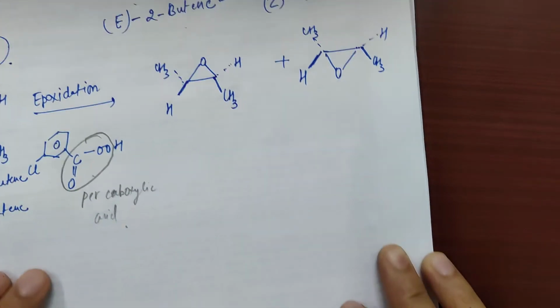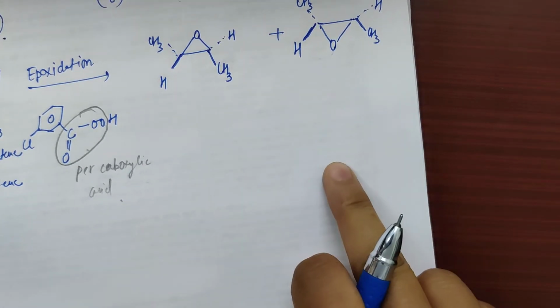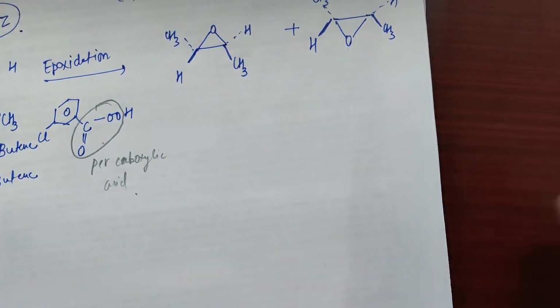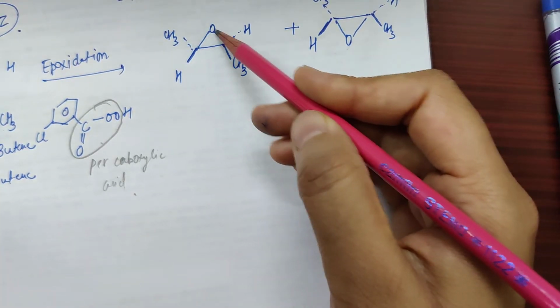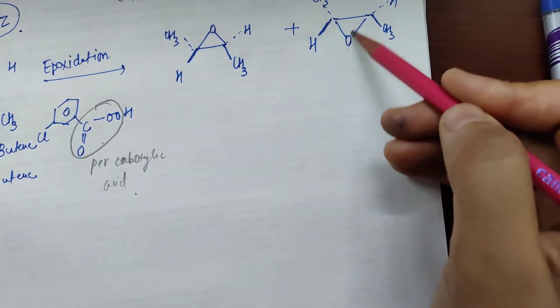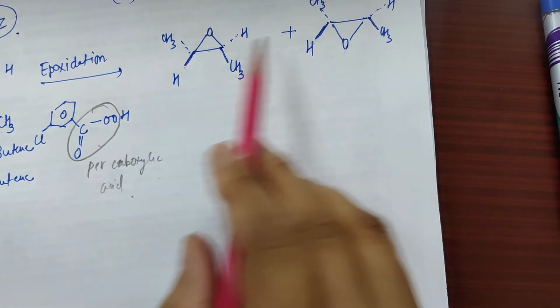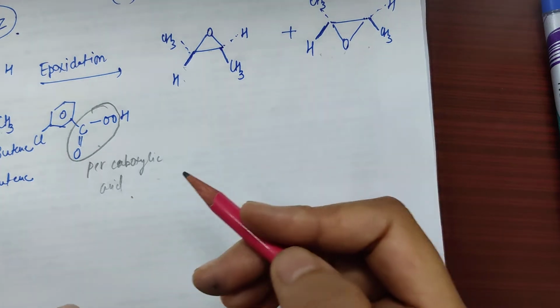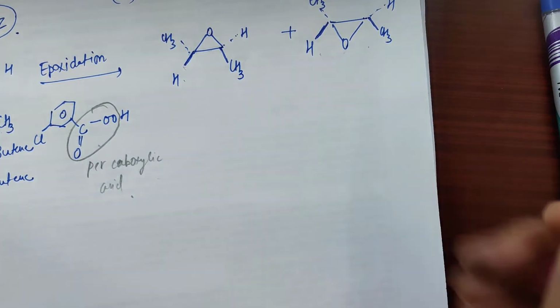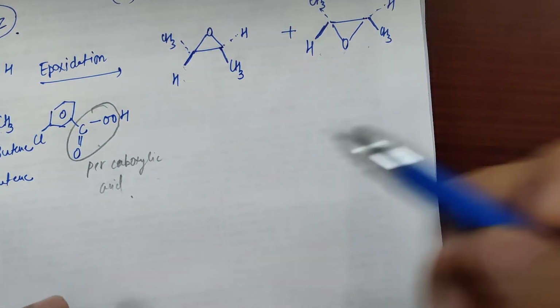Now there is a restriction in rotation because of the cyclic part. So these two are actually racemic mixtures.